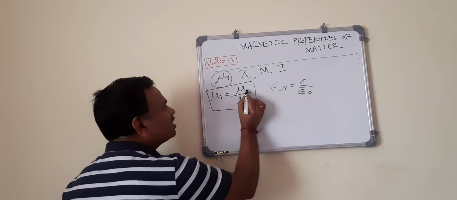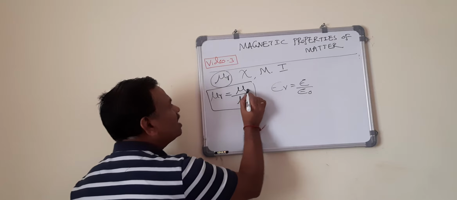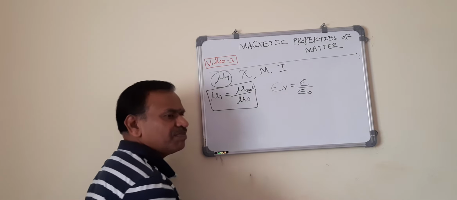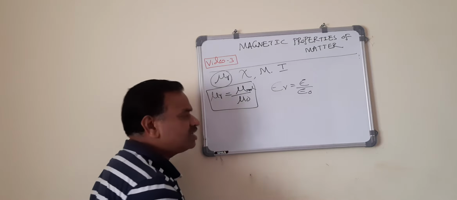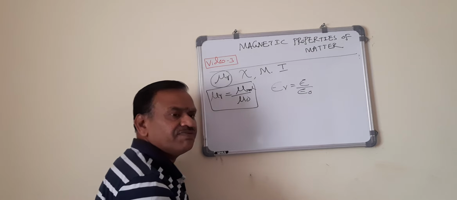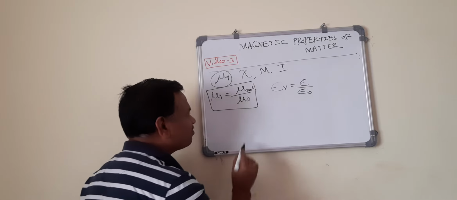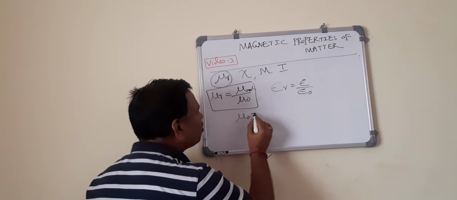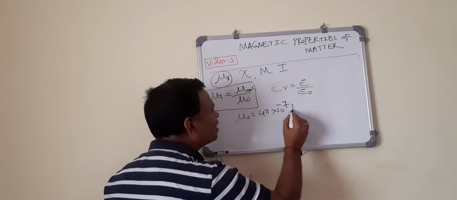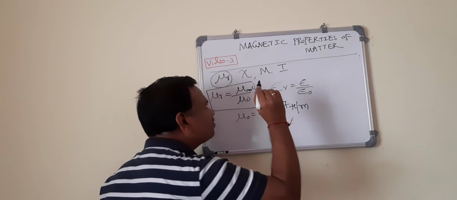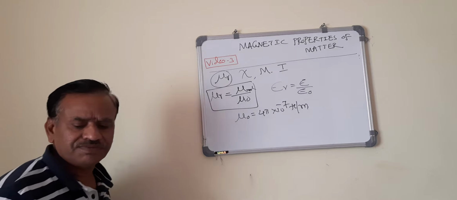Here mu is the permeability of any given medium. It may be water, it may be glass, it may be copper. And mu naught is the permeability of free space, of vacuum. You know that the value of mu naught is 4 pi into 10 to the power of minus 7 Henry per meter.